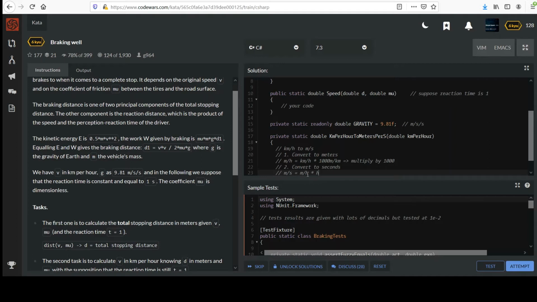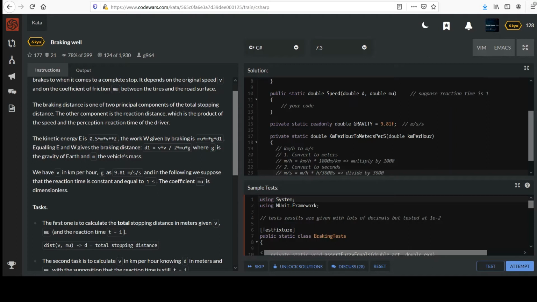Since the hours are on bottom here, I'm going to put that on top. And there are 3,600 seconds in an hour, right? There are 60 seconds in a minute, and if you multiply that by 60 minutes, you get 3,600. And so we divide by 3,600 to convert that value into seconds.